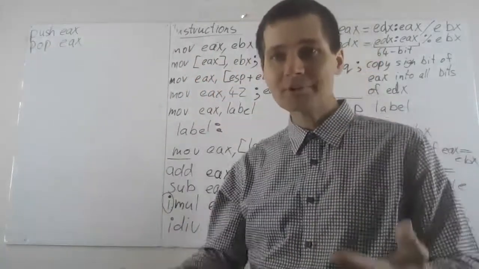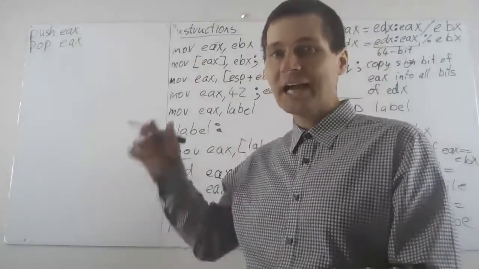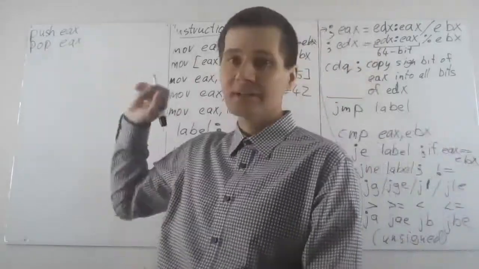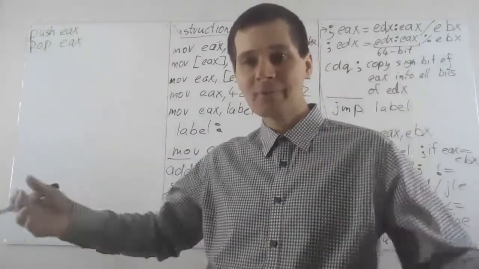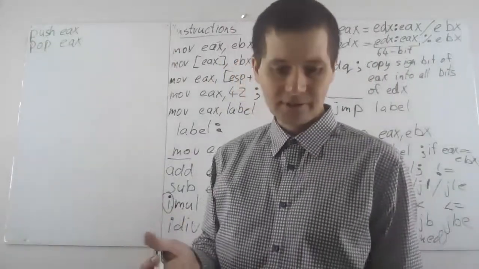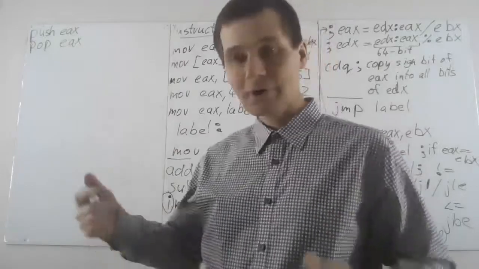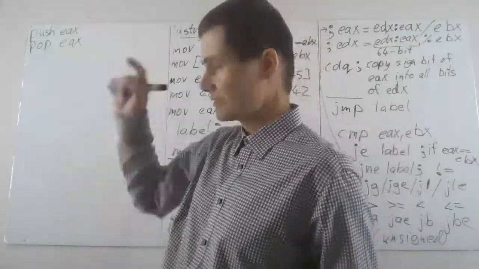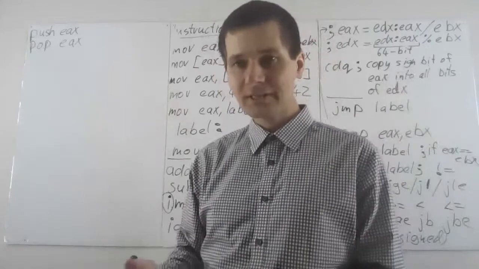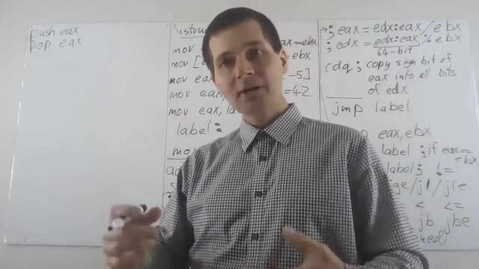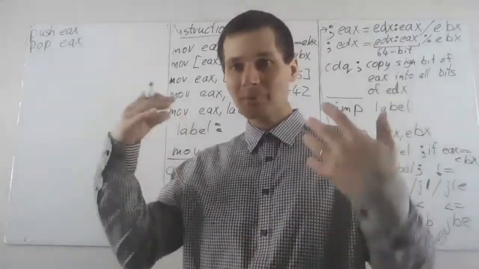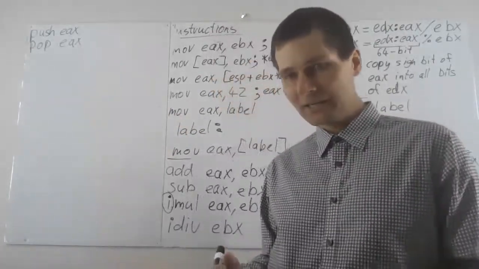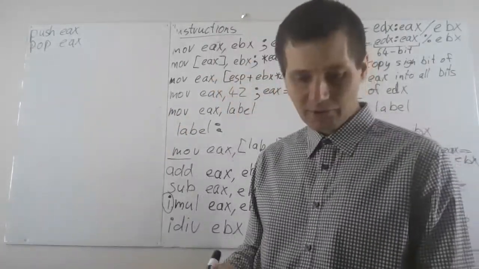So push and pop are hard-coded as instructions, and they're hard-coded to use the ESP register as the stack pointer. Okay, so it's not like MIPS where you get to implement your stack yourself with whatever register you want. These instructions always use ESP as the stack pointer. So that's why even though you get 8 registers, you're pretty much stuck using ESP as the stack pointer.